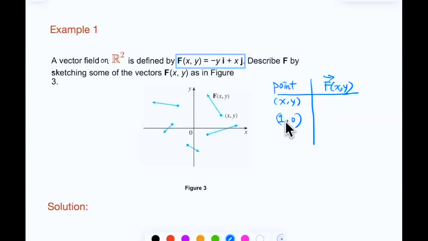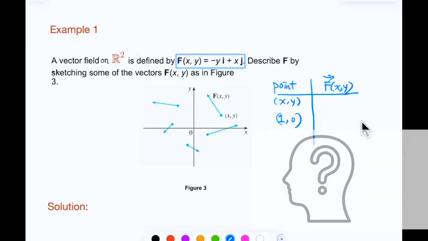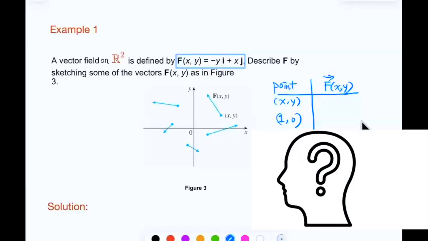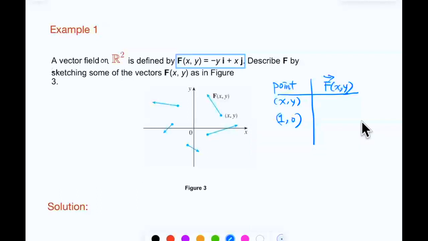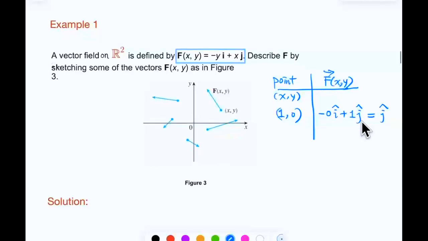If we input this into this vector field, what will be the output? Yeah, 1j, right? So you're going to get negative y. Y here is 0, right? So that is going to be 1j, so just j. So the output over here will be this vector j.